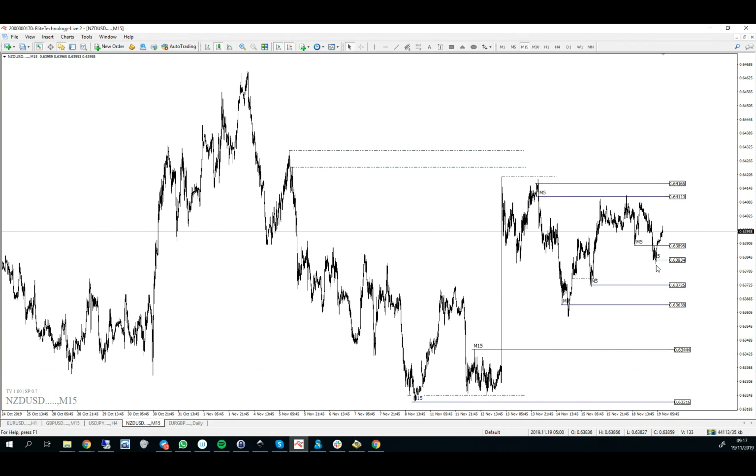Now what we're going to look for is opportunities to sell, and in between these are the levels that I've marked that are going to hold on our trades and will just give us some reaction.